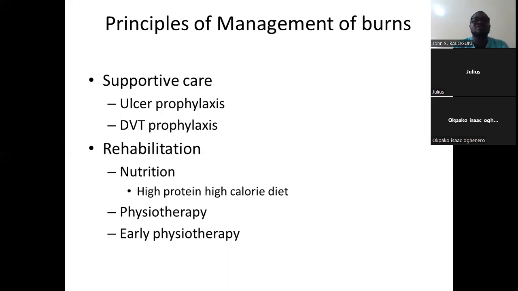The answer is anti-ulcer medication. So in that option, you will look for any anti-ulcer medication, such as cimetidine, omeprazole, Gestid, Gascol, Gaviscon, and co. Am I communicating? Yes, yes, you are.